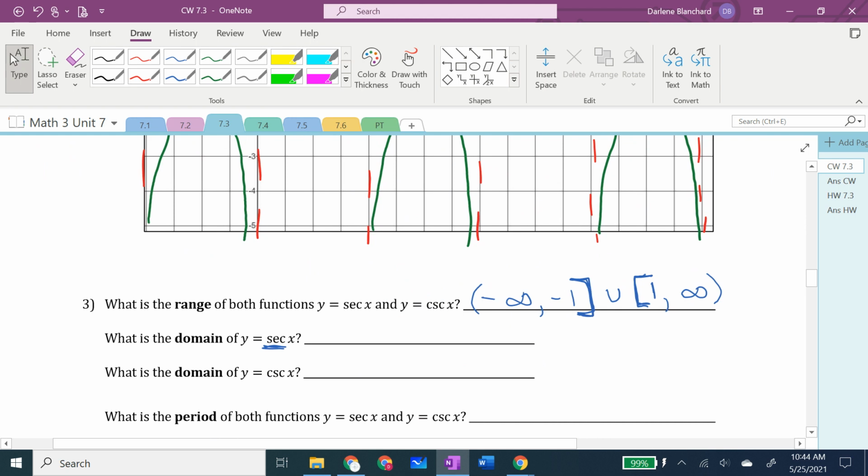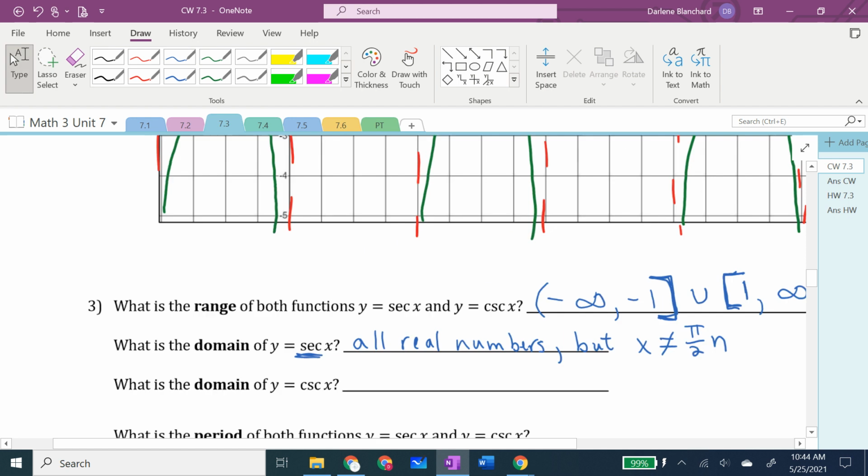You're probably going to prefer to not use the interval notation. It's horrible to use. It's basically all real numbers except for pi over 2 multiplied by any integer n. I find that to be an easier way to write it.